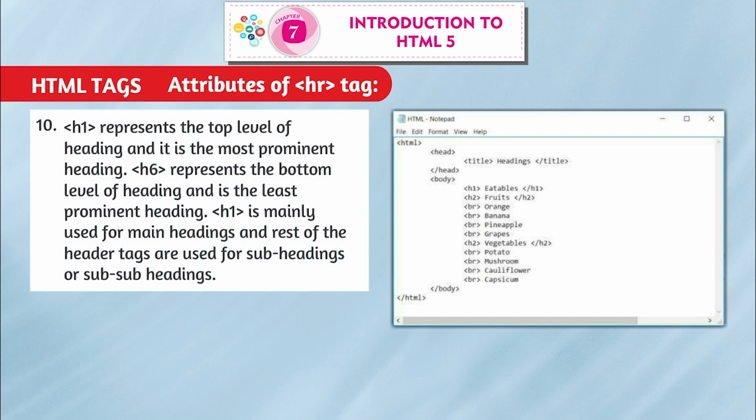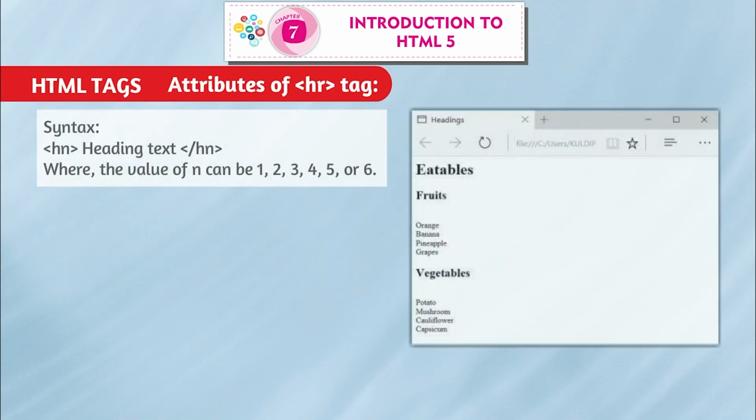H1 represents the top level of heading and it is the most prominent heading. H6 represents the bottom level of heading and is the least prominent heading. H1 is mainly used for main headings and the rest of the header tags are used for subheadings or sub-subheadings.